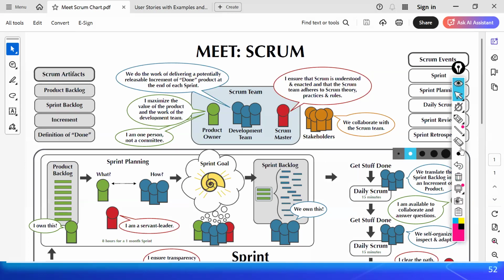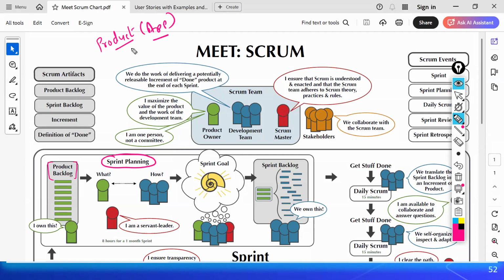Now, the thing is, before we start anything, we need sprint planning. And in the sprint planning, this green guy, the product owner, is going to come up with something known as the product backlog. I told you that initially we are going to create a product. Product is basically your application.